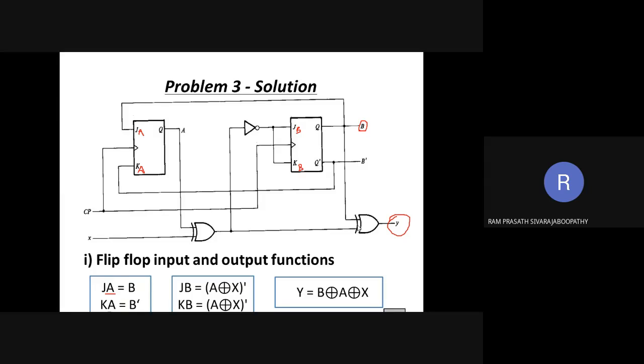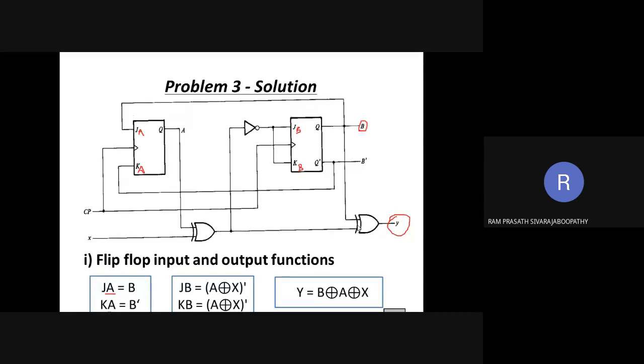So with these equations, what are we going to do? Use them and substitute in the characteristic equation, then make the table. That's all. Shall we proceed? First step, input equation of all the flip-flops.